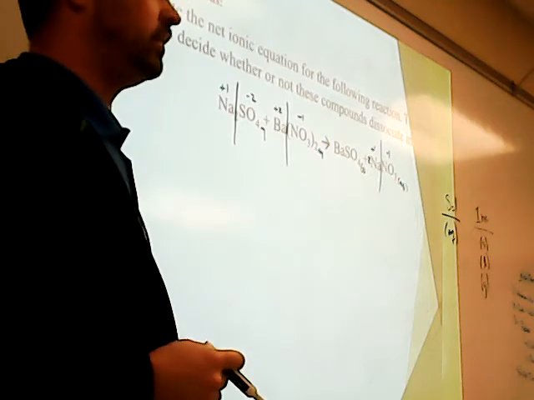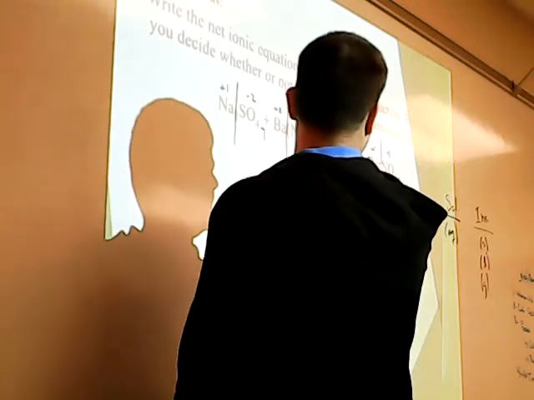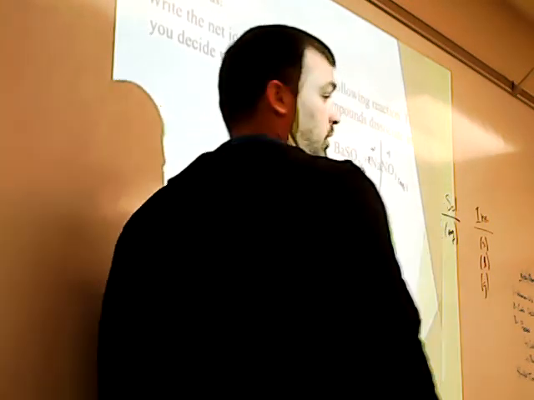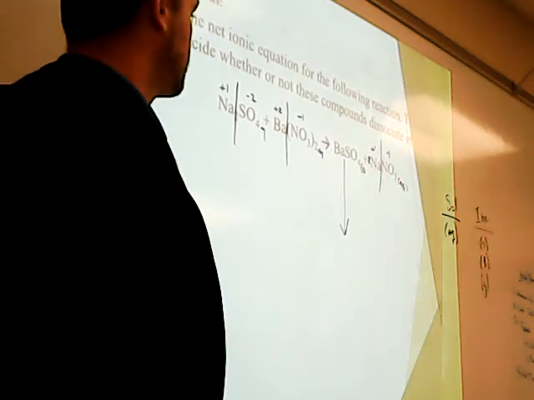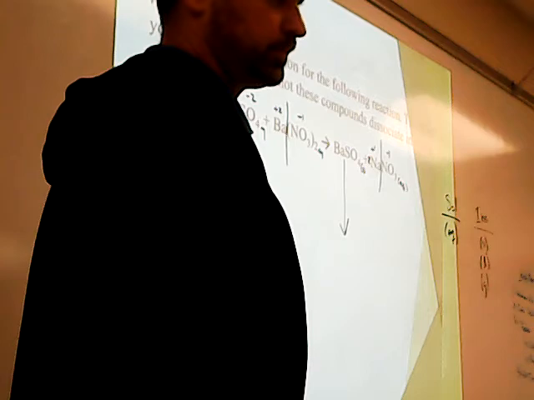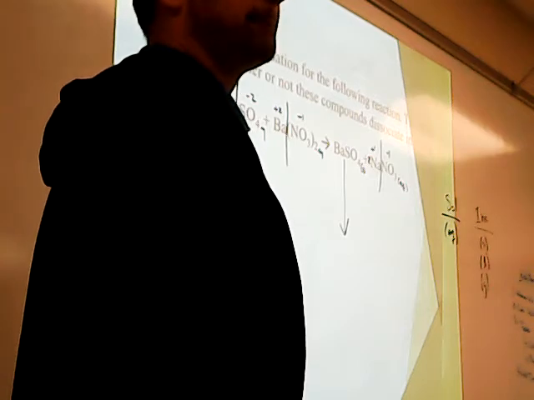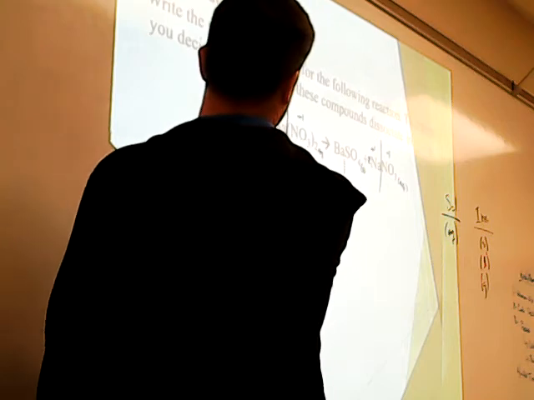Notice how I left the solid alone. Once you figure out that that's solid, it stays put all the way through everything. So now I need to do what? Spectator ions get crossed out. Sodium, yes.